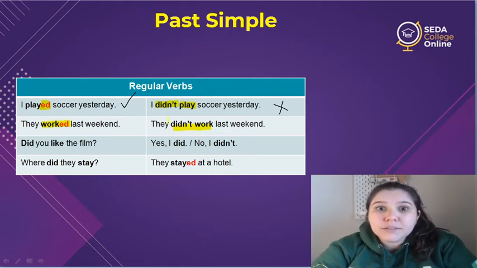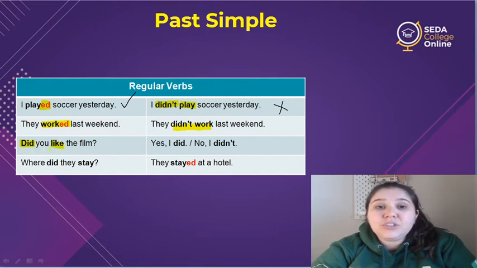Then we have the question form. The auxiliary verb for the past simple is did. So we have to start the sentence with did. Did you like the film? So again, if you have did in the sentence, you can't put the ed form. We use the verb in the base form.